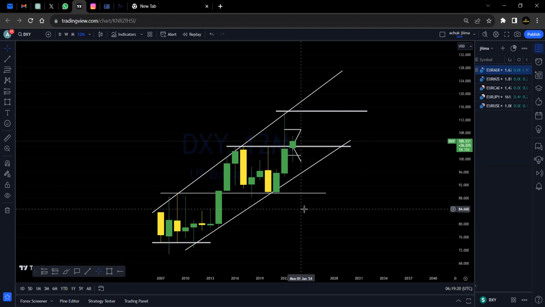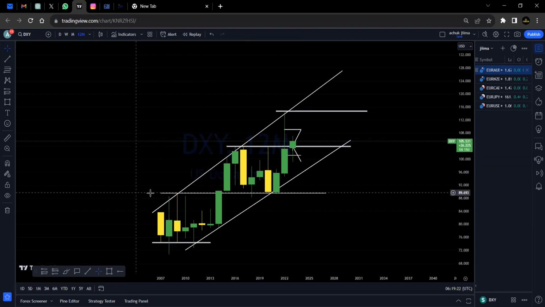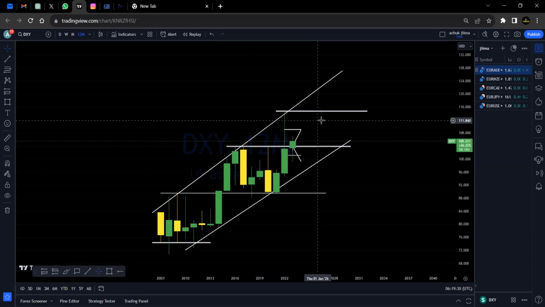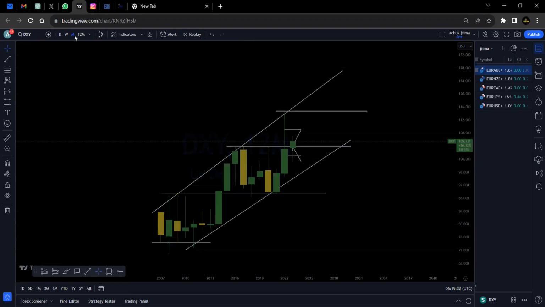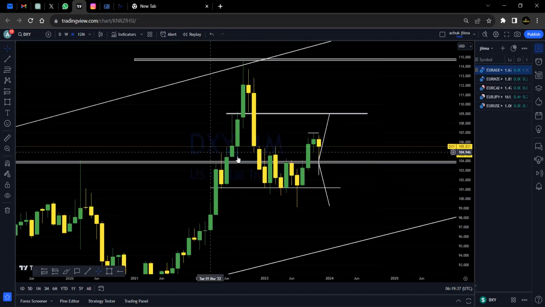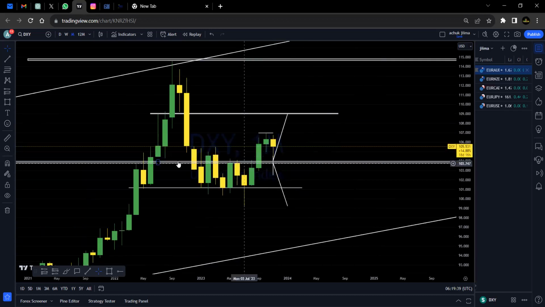So we had this as, just go and watch the previous video, but we had this as our resistance area, which became support. And then we have another resistance, which is becoming a support area here. Once we come to the monthly, we were able to also understand that this is the support and this is the resistance.